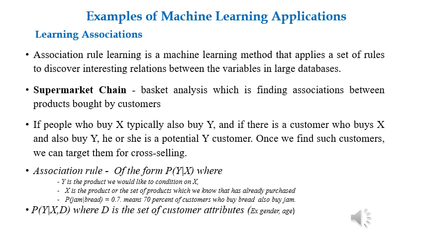By identifying the 70% of the customers, we can do analysis on the selling rate of jam. Actually, the association rule of the form P of Y bar X will be read as probability of Y given X.